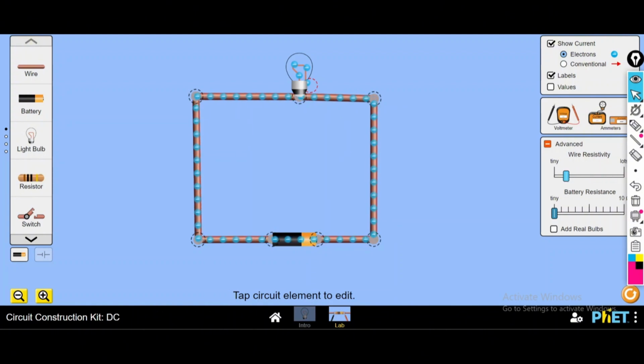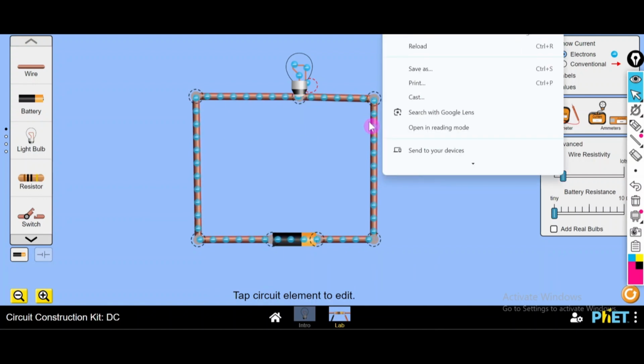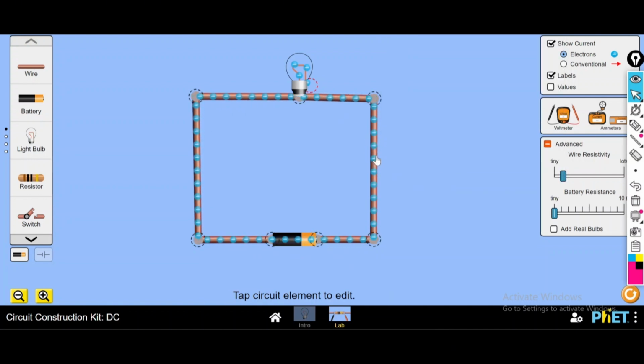At lower resistivity, the resistance is low because resistivity is directly proportional to resistance. If I increase the resistivity, the resistance inside this conductor also increases, and due to it the current is decreased. If I increase the resistivity further, then the resistance through this conductor is also increased, and the current is decreased.